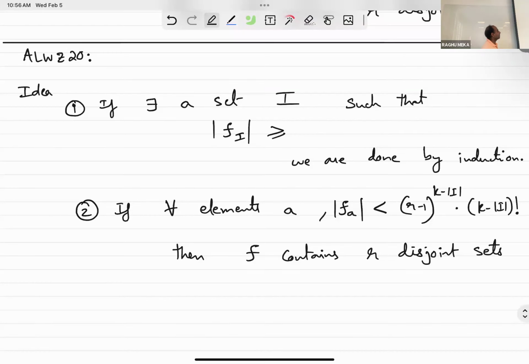Okay. And we're going to use induction where something like this happens. I don't know what, I mean, I'm trying to improve the Erdős–Rado bound. So I'm going to try and find some function, maybe something better than what they had, for which this holds.